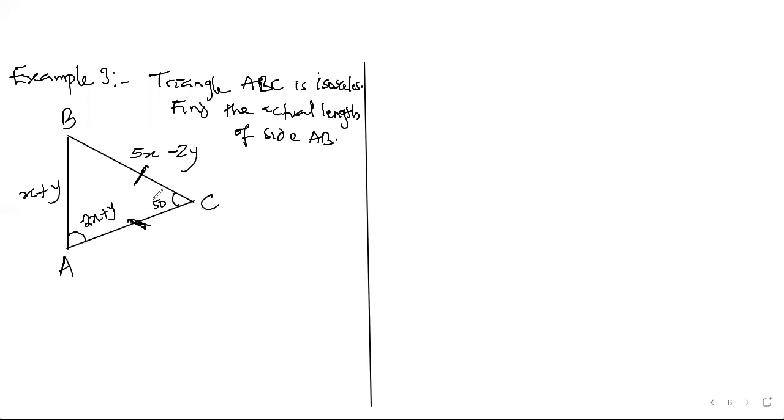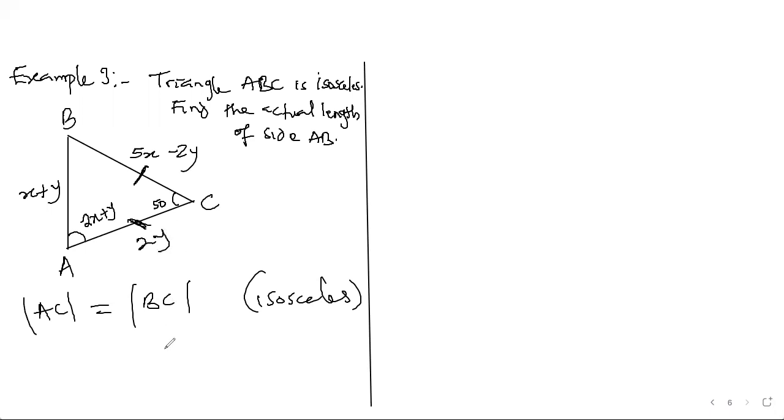Now, the first thing we can do here is to equate AC and BC, because we're told that they are the same. So AC is equal to BC, because it is isosceles. Sorry, something is missing here. This should be 2y, okay? So I can say that 5x minus 2y equals 2y.